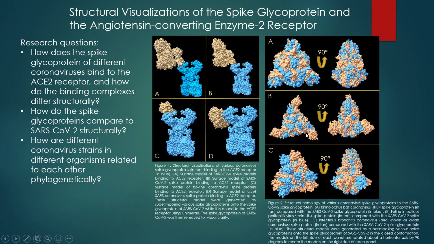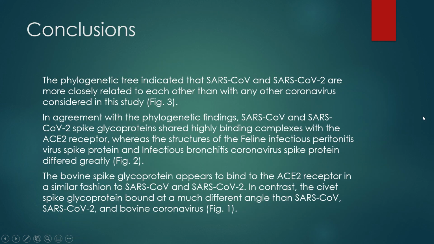I think this is the avian one in panel C, and this is the feline coronavirus in B. They're very different in structure to A and B. You can tell visually on those two figures that they're very different. And then lastly, the bovine spike glycoprotein appears to bind to the ACE2 receptor in a similar fashion to SARS-CoV-1 and 2.